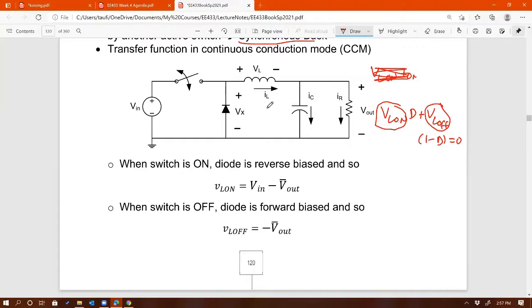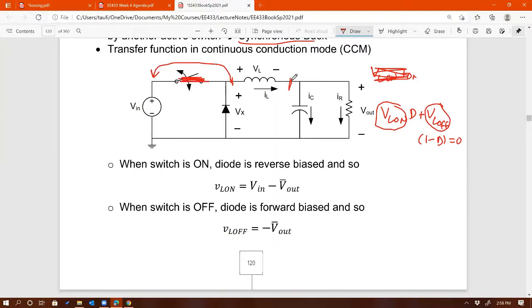What is VL on again? VL on is the voltage across the inductor right there when the switch is on. Imagine the switch is on, assuming ideal. What is the voltage across the inductor? Can you see that? The voltage across the inductor is going to be the voltage between this node right there and this node right there, right? So what is the node to the left of the inductor? You can see that's equal to V in, because now we have a short right there, right?